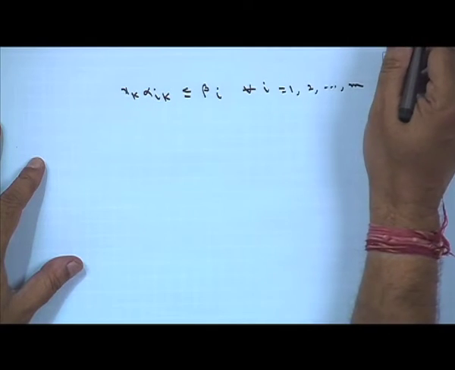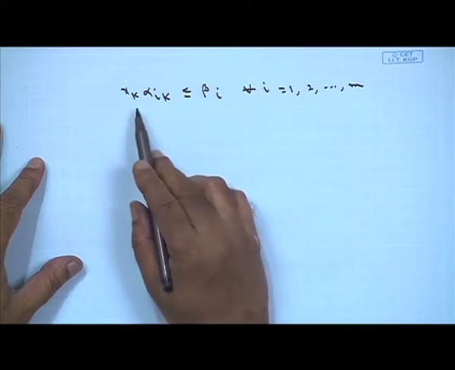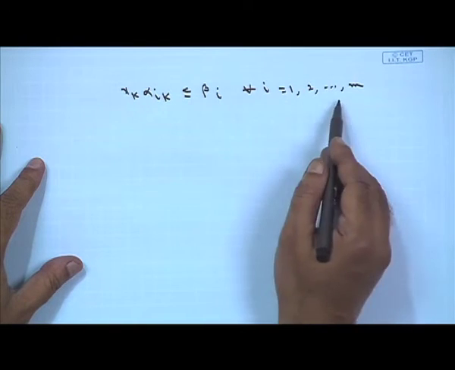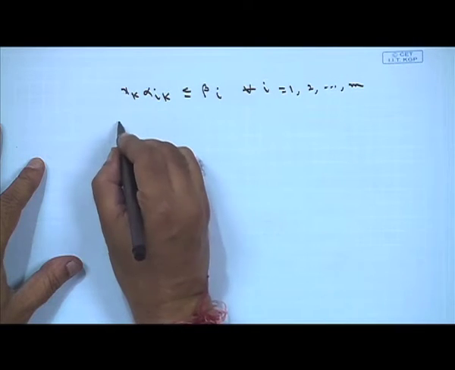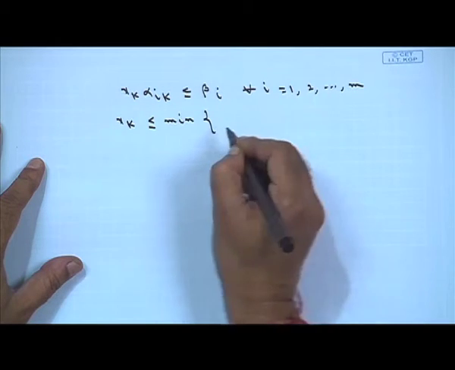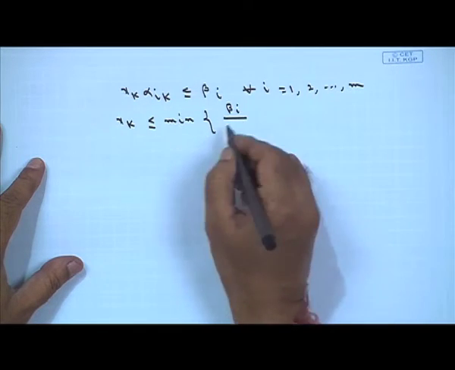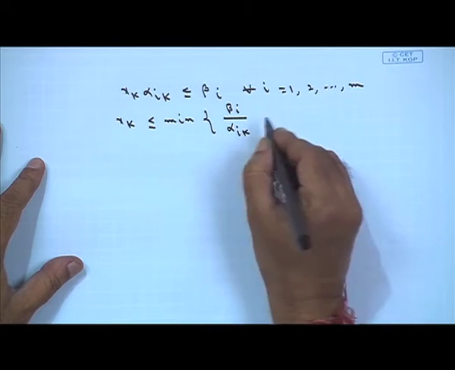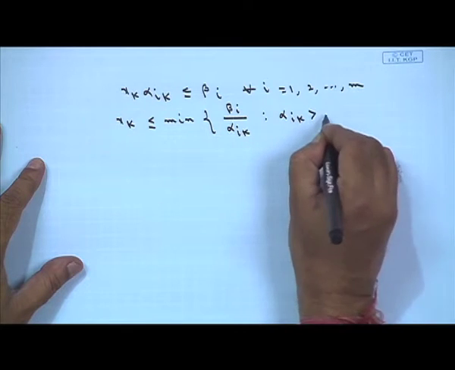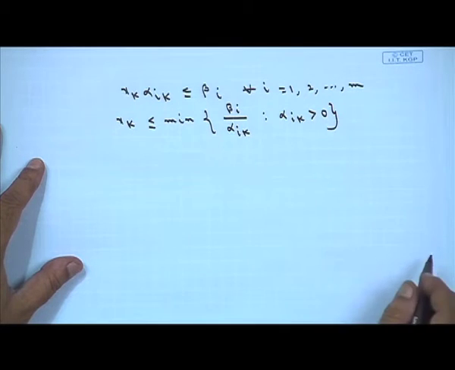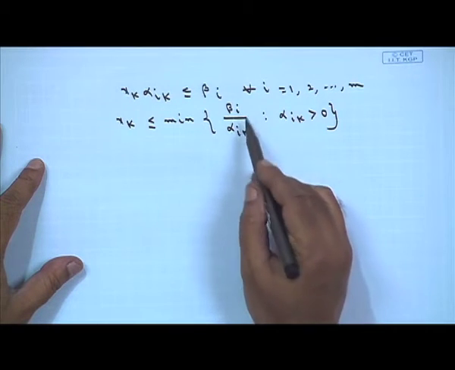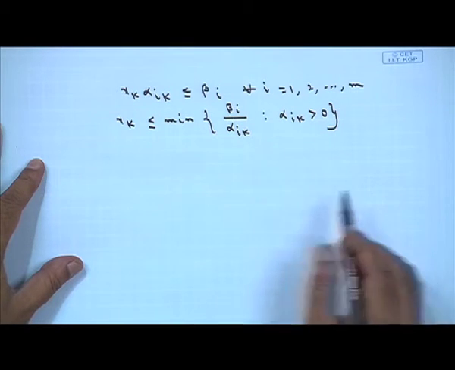So for individual terms we can say that x_k alpha_ik should be less than or equal to beta_i for all i equals 1 to m, or I can say x_k is less than or equal to the minimum of beta_i by alpha_ik, such that alpha_ik is greater than 0. So x_k should be the minimum of these, where i varies from 1 to m.